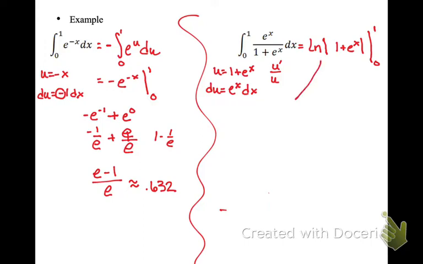So I'm going to come further down so I have more room. So what I get is the natural log of the absolute value of 1 plus e to the first, minus the natural log of 1 plus e to the 0.